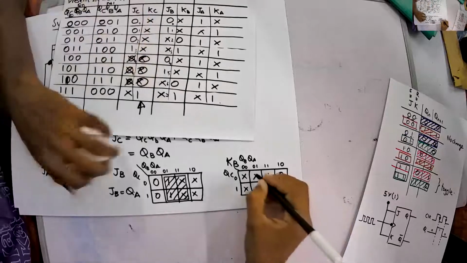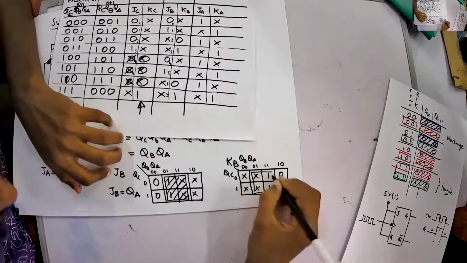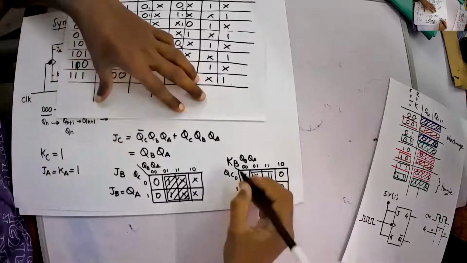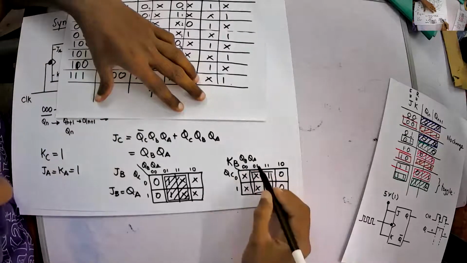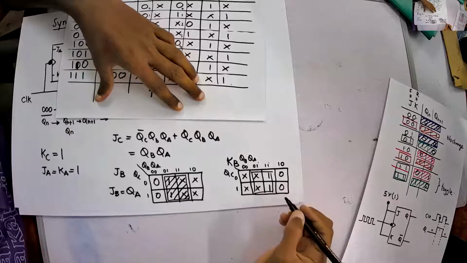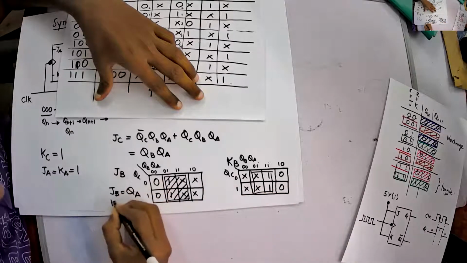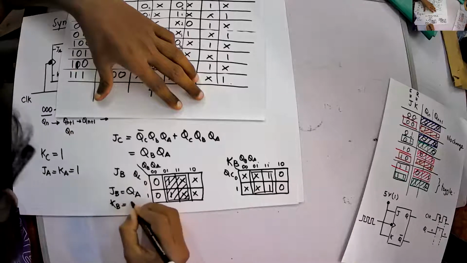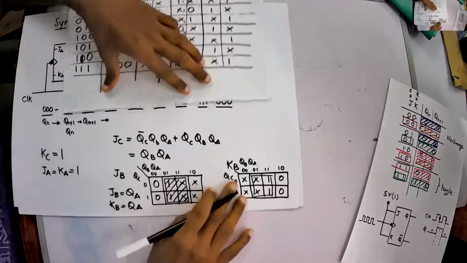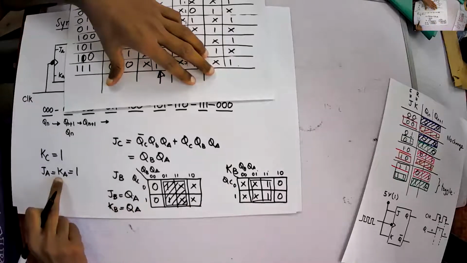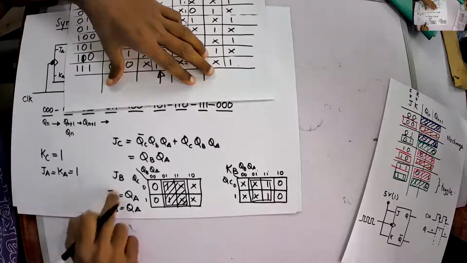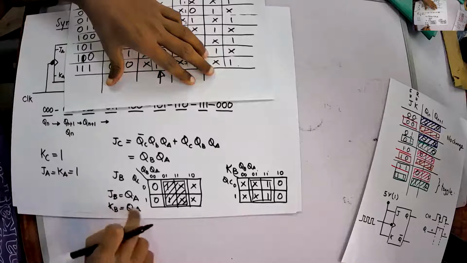Again, I have the same thing, so I can write KB equals QA. JB equals QA and KB is also QA. So now JA equals 1, KA equals 1, JB equals QA, KB equals QA.